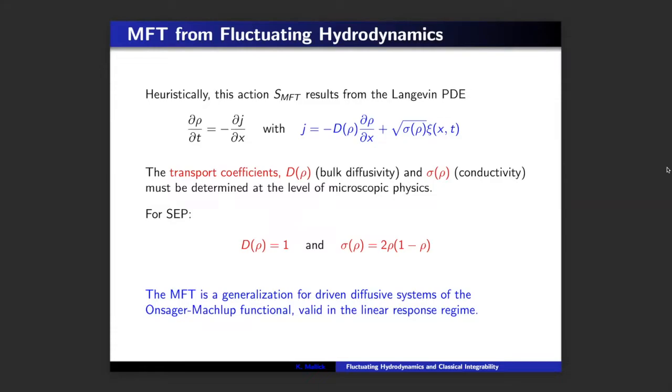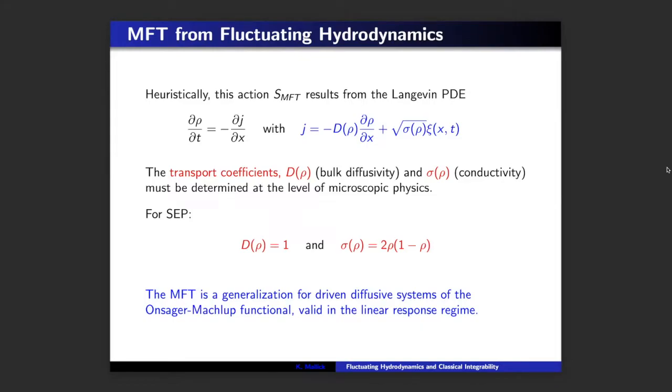But again, for heuristics, it's very nice. And as I told you, there are only two unknown coefficients, D and sigma, which necessarily come from microscopic physics. You cannot get them for free. So there you have to work on microscopic physics. But it's usually much easier to get them. Simple formulas, you can almost guess where they come from for the SEP case, and you don't need to solve complicated things.